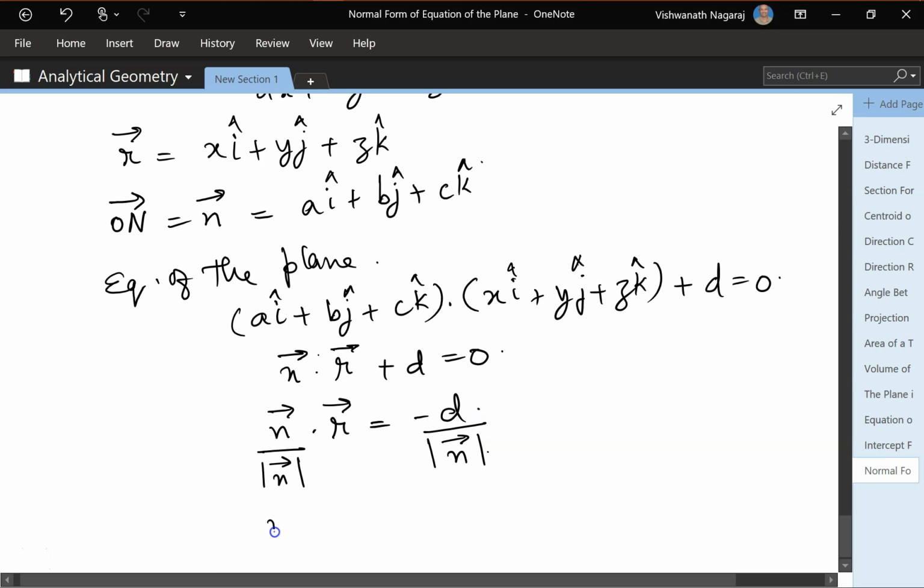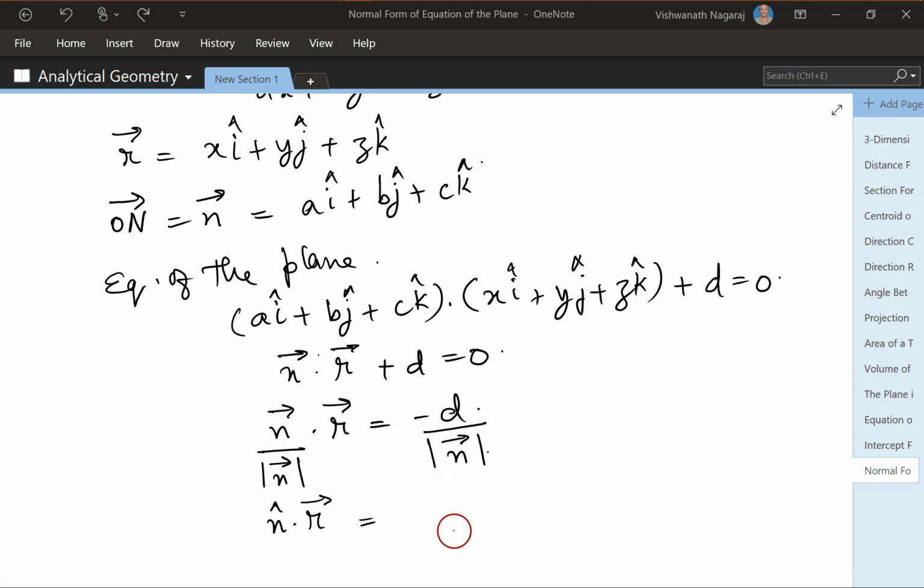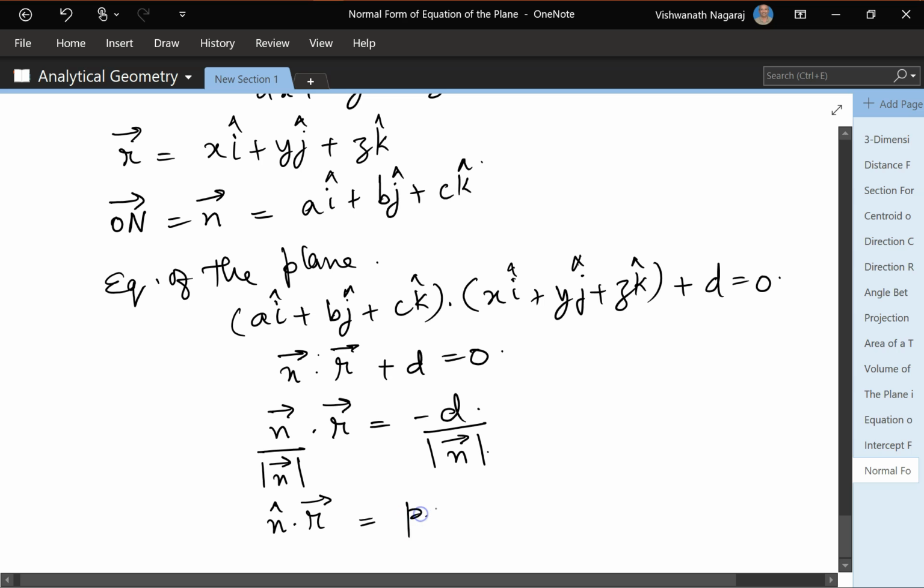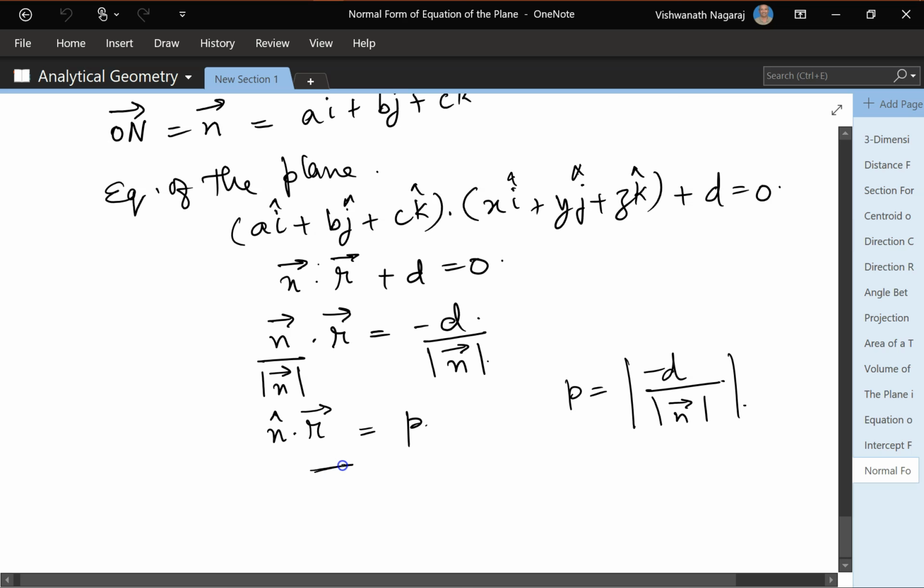So here n cap dot r vector is equal to, let's say this is p, where p is nothing but the absolute value of d by magnitude of n, because this minus is there. So again we come back to the same.